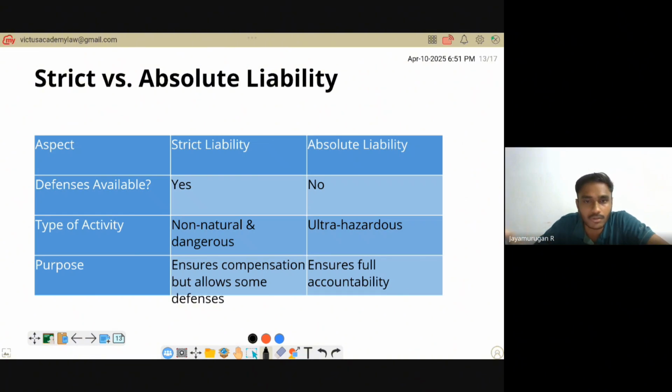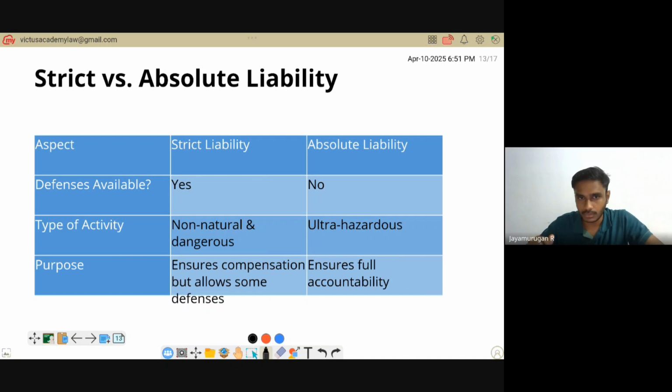Strict liability ensures compensation for the victims of dangerous activities, but permits a few defenses based on equity. But absolute liability imposes absolute responsibility for hazardous activities to ensure that the victims are properly compensated.